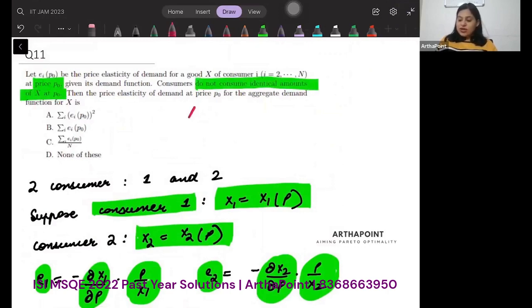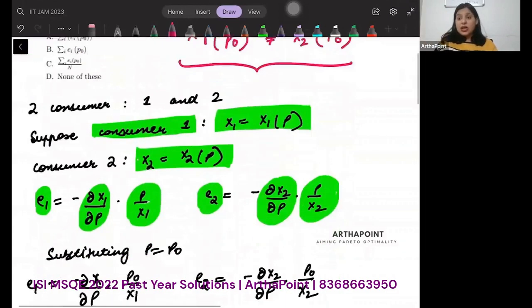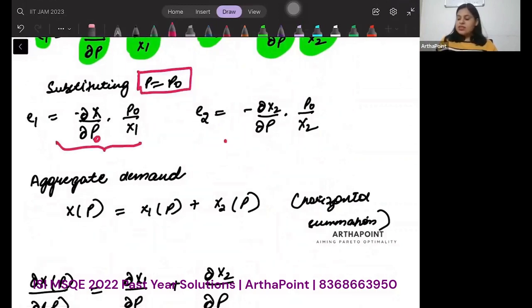So I know that demand of good 1 at P naught is not equal to the demand of individual 2 at P naught. The 2 individuals are not demanding identical amounts. x1(P naught) is not equal to x2(P naught). So when I substitute P equal to P naught, I will get this as the elasticity of consumer 1 and this as the elasticity of consumer 2.